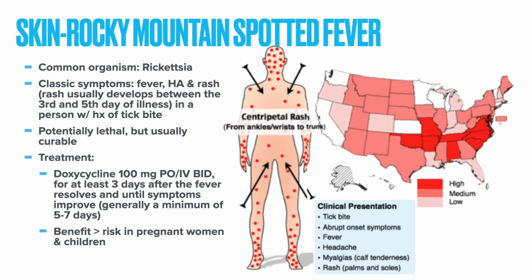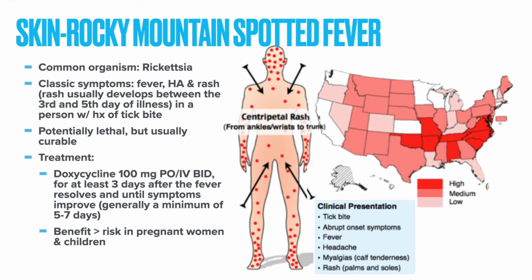Most cases of RMSF occur in the spring and early summer, which makes sense because this is when outdoor activity is increased. So diagnosis can rarely be confirmed or ruled out in the early phase, and therefore most patients do require empiric antibiotic therapy based on clinical judgment and location.